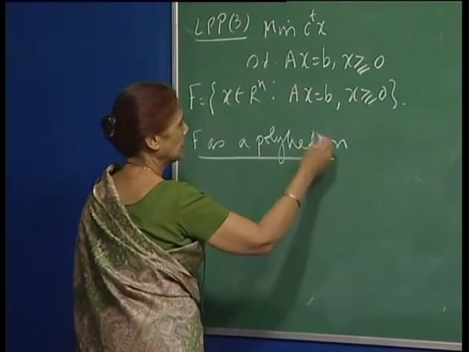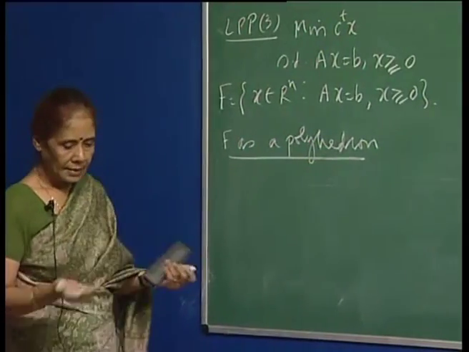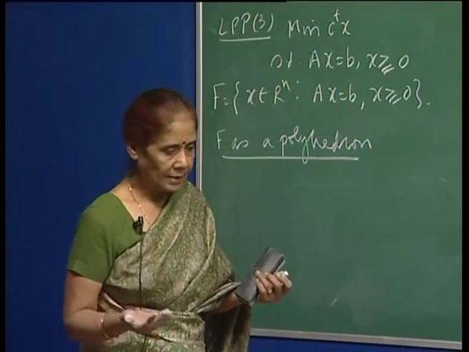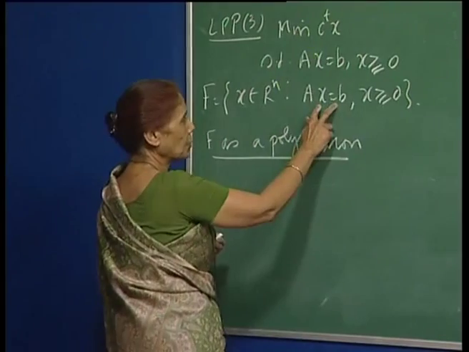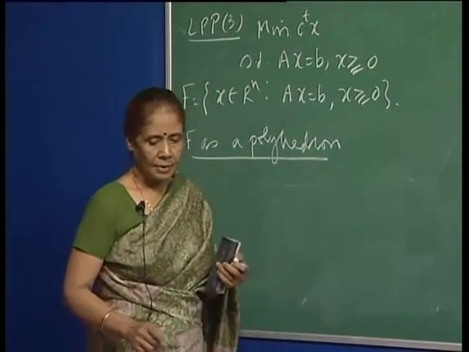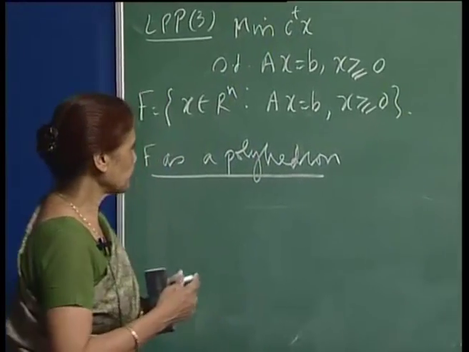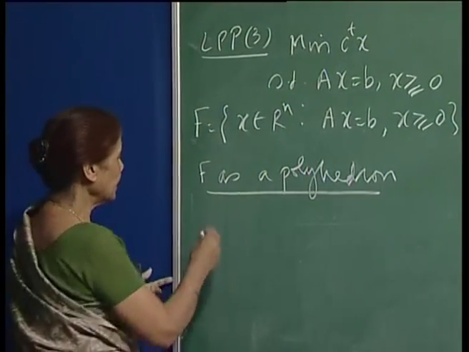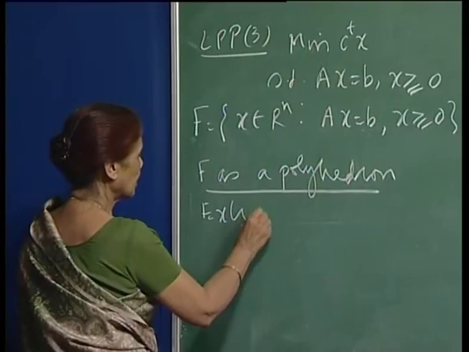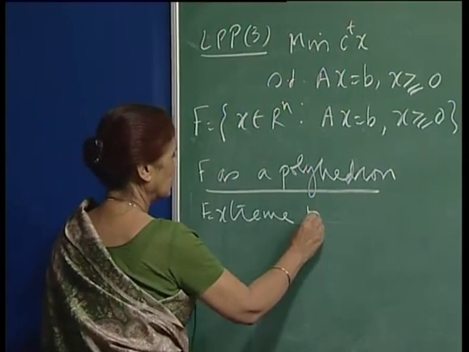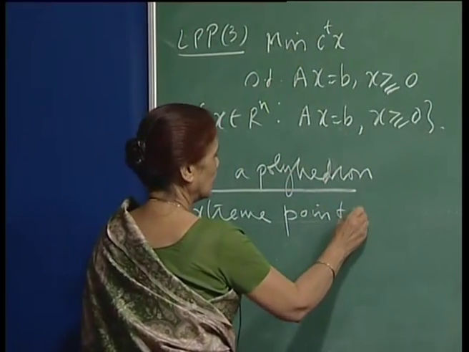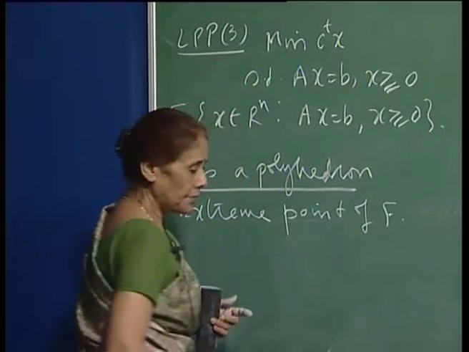because F is being described as the intersection of a finite number of hyperplanes and a finite number of half spaces. So, this becomes a polyhedron, and then I have defined an extreme point of F also, because F is a polyhedron.